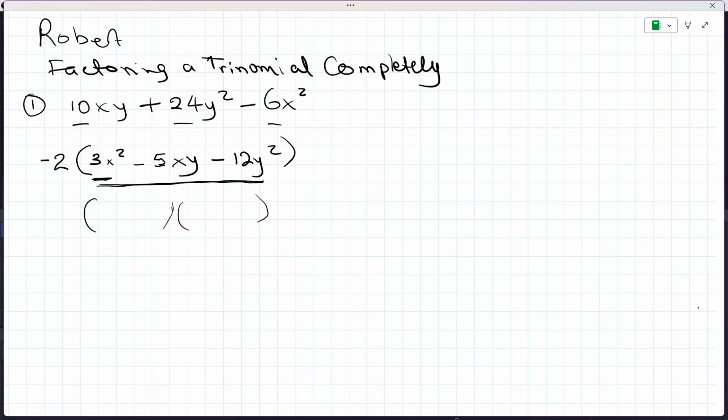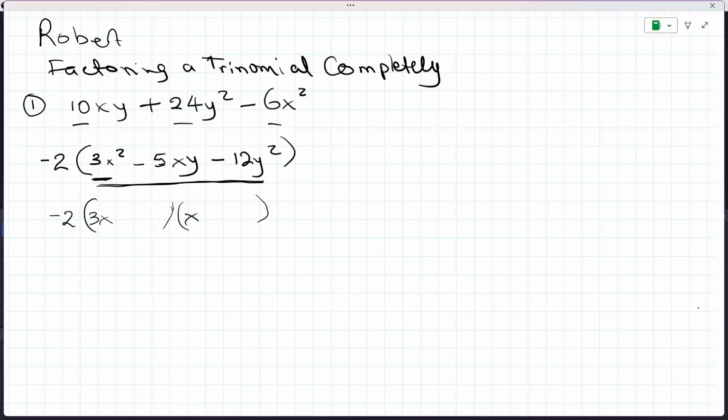How do we break this into two factors which, when multiplied together, will give us 3x squared? Apparently it should be 3x multiplied by x. But of course, we have to put our minus 2 out there so that we don't forget it.